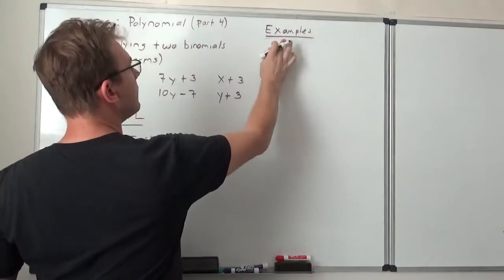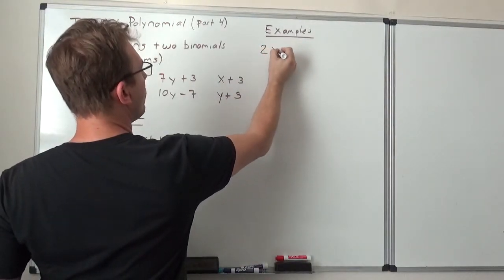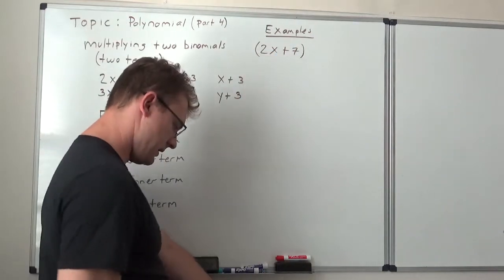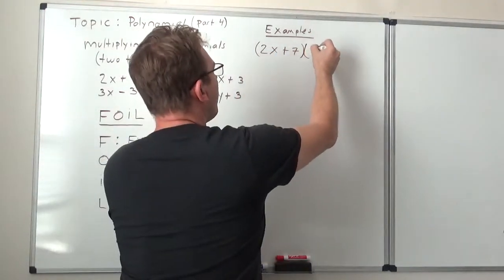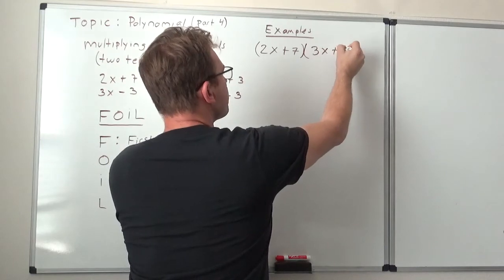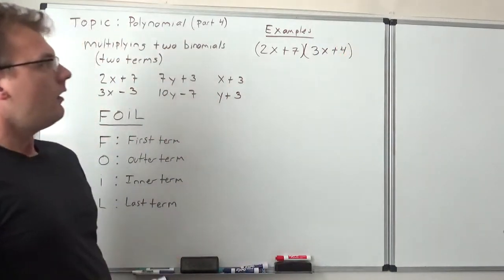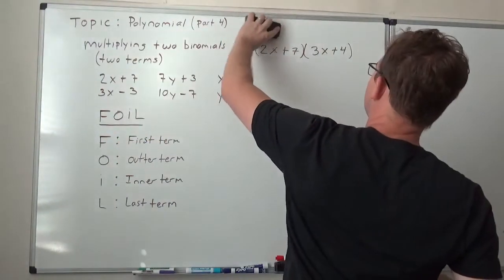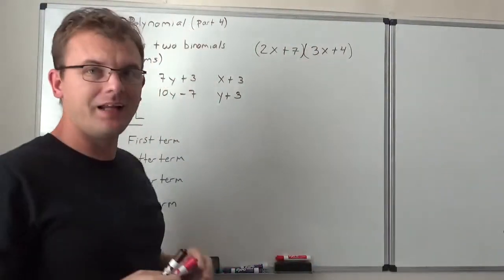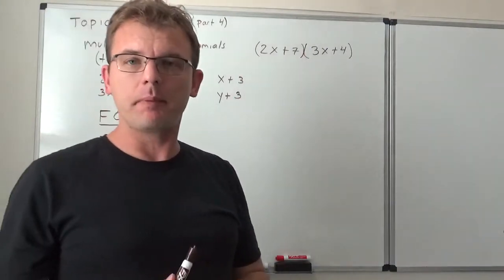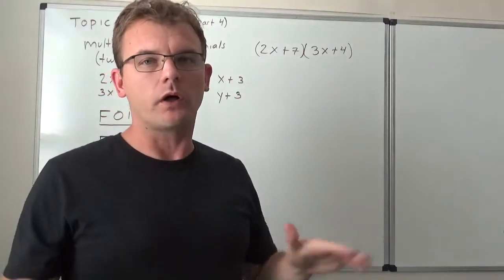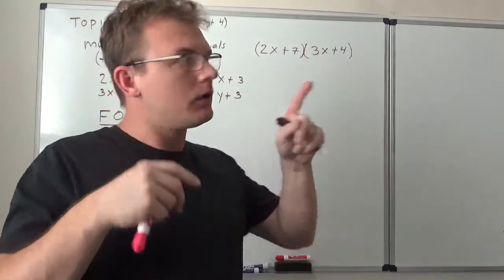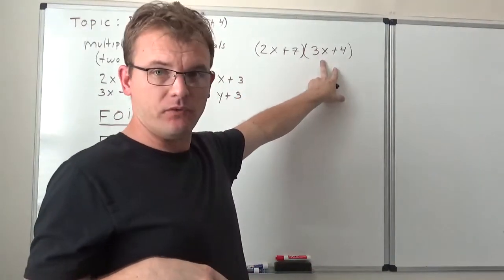Something like 2x plus 7 times 3x plus 4. This is another example. But that distributive property that we just did doesn't work here because we now have to worry about two binomials.